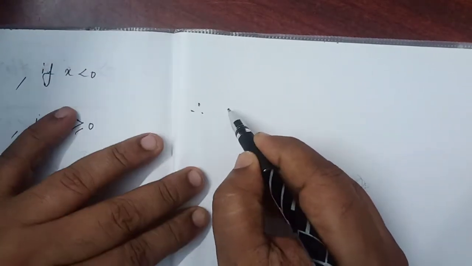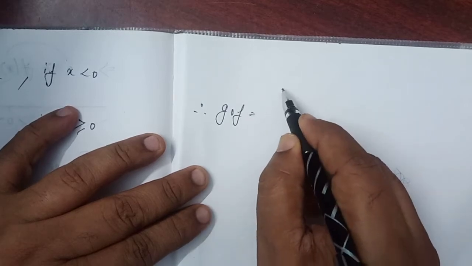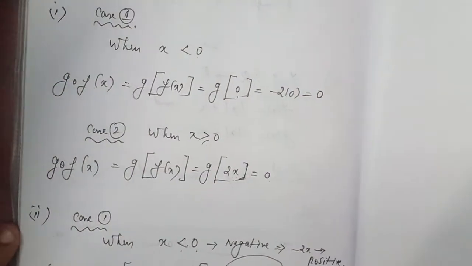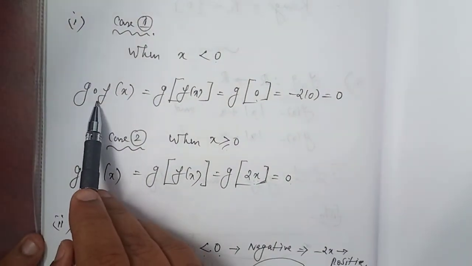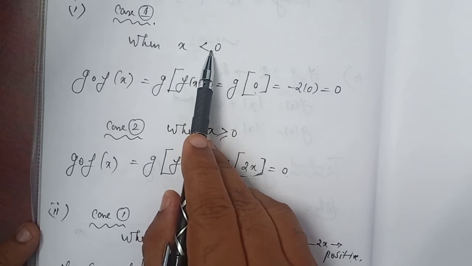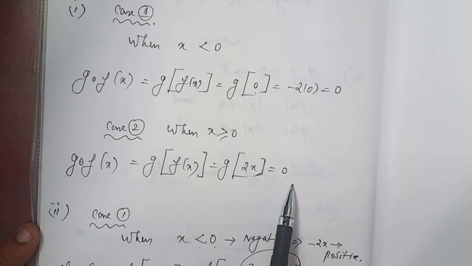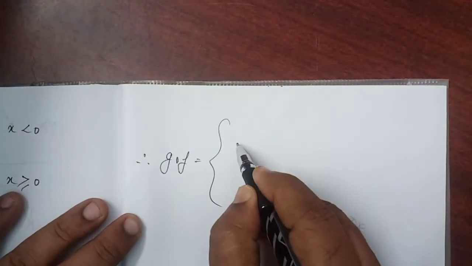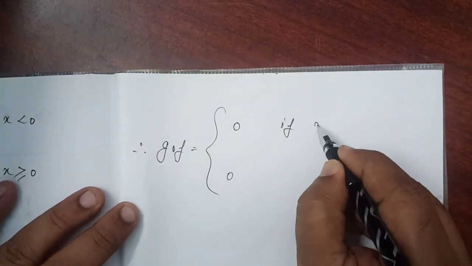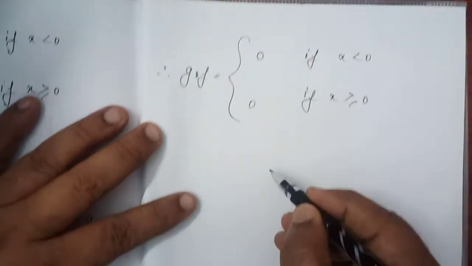Therefore, g dot f, this is the first subdivision. We have proved g dot f is equal to 0 for x less than 0. Even for greater than or equal to 0, g dot f equals 0, right? And f dot g is equal to minus 4x if x is less than 0, and 0 if x is greater than or equal to 0.